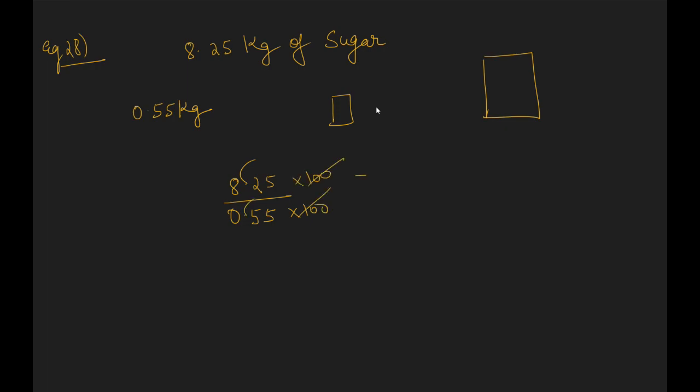So the decimals get cancelled. You get 825 upon 55, and now divide 825 by 55. So you get here 55 ones are 55. The result will be 275, and 55 fives is 275.